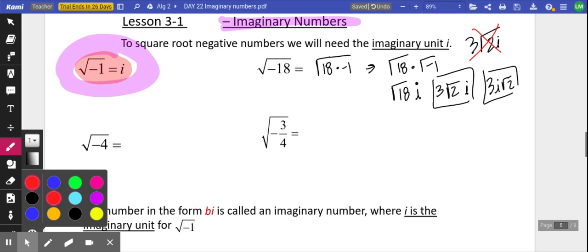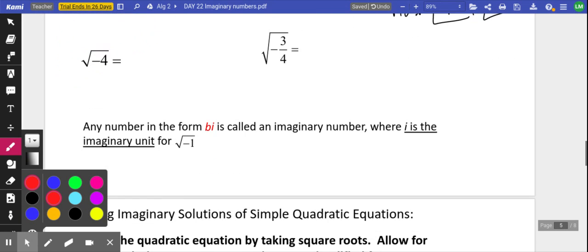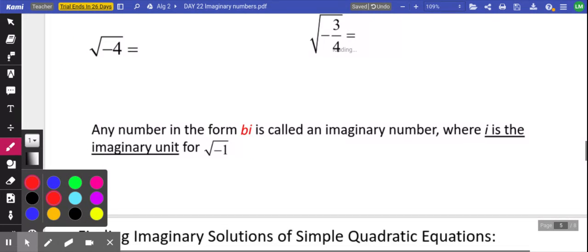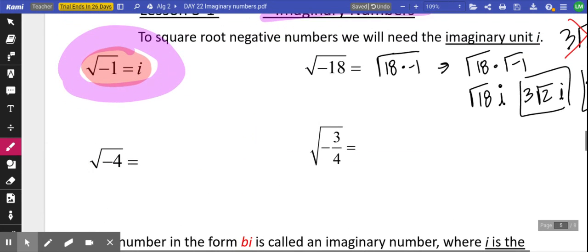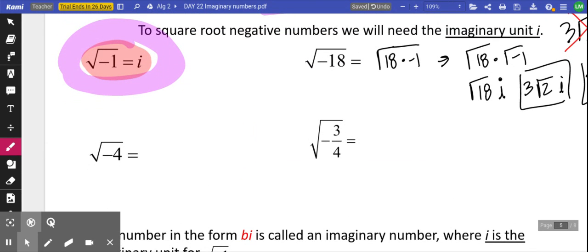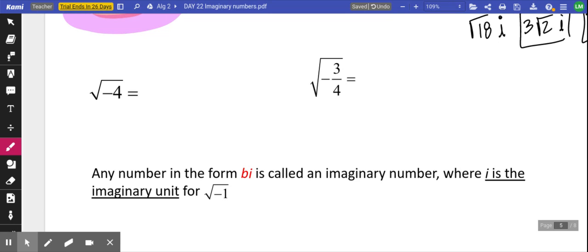All right. Next one here, square root of -4. Again, now we know this is an imaginary solution, so we're going to get an i. You don't have to go through all these steps like I just did on the last one. You can if you want, or from now on, if you see a negative inside a square root like -4, just know that this negative is going to come outside as an imaginary number, okay?